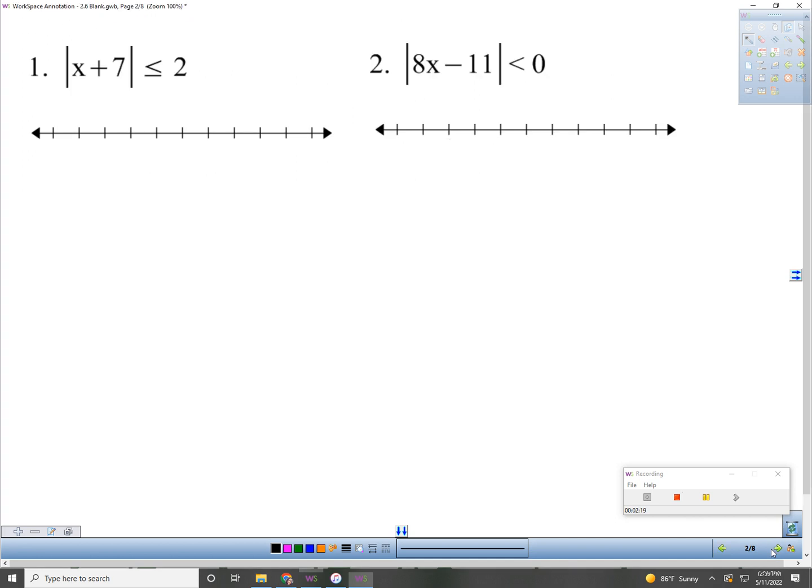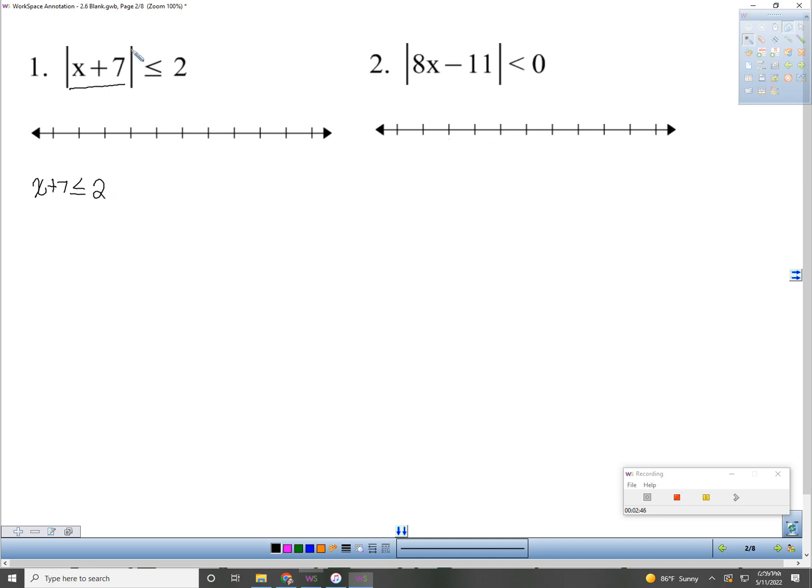So number 1. I see that I have x plus 7 is less than or equal to 2. Remember, when the sign is flipped this way, I know that I'm going to have an AND statement. So I have to set up two inequalities. The first one is going to be what is inside of the absolute value, same symbol, same thing on the right.